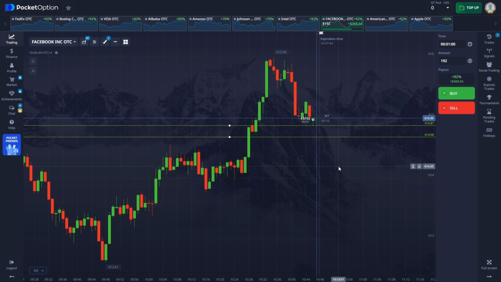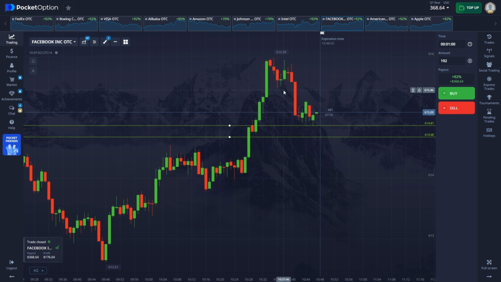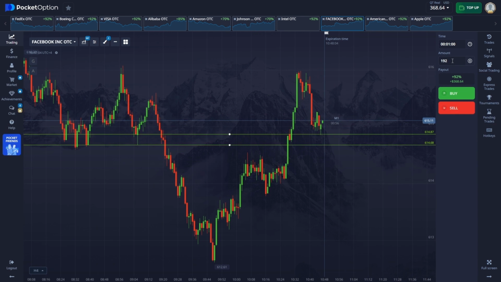Now the candle has reversed and is taking support exactly at the level. The trade is now going in our favor, but we only have 10 seconds left. Just a few seconds, and I won my second trade. Now my balance has increased to $368.